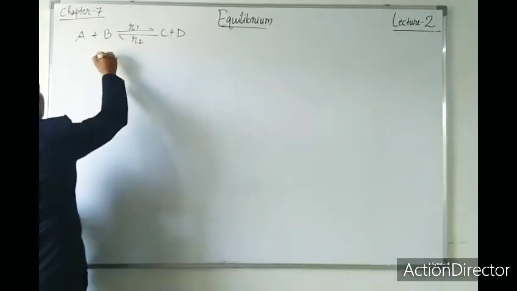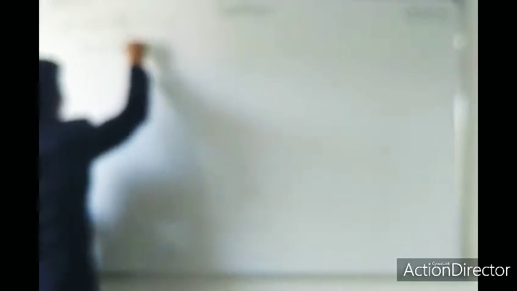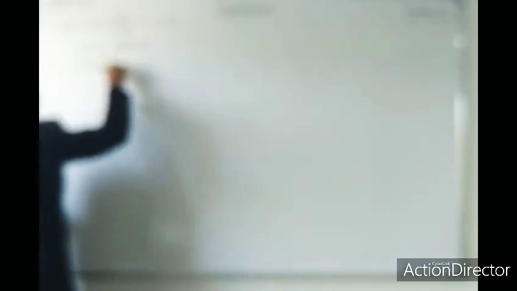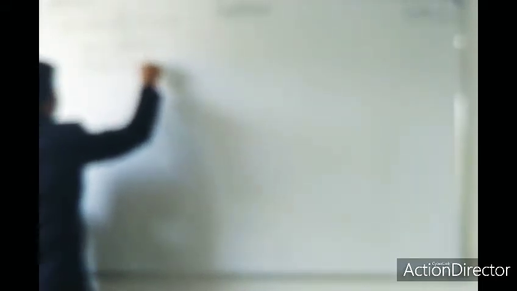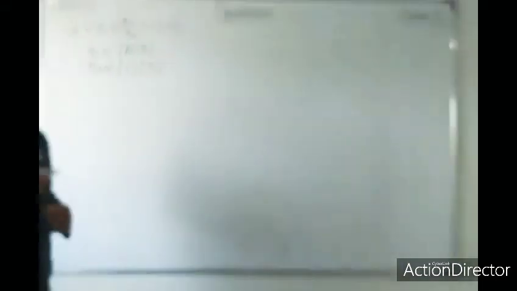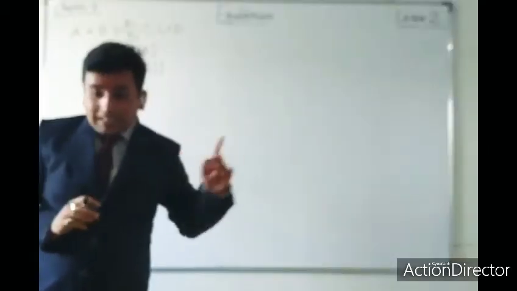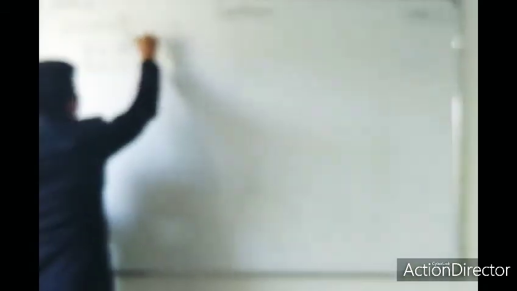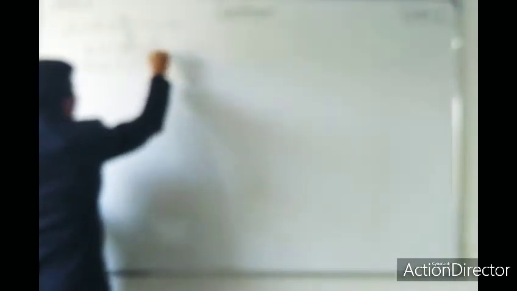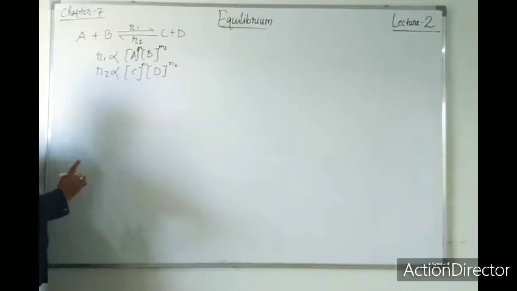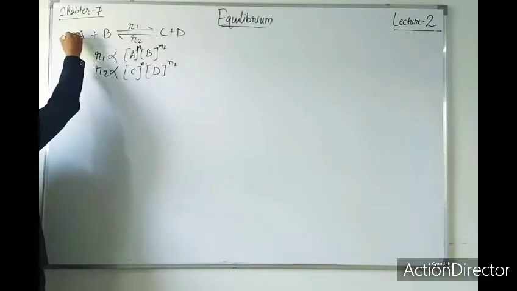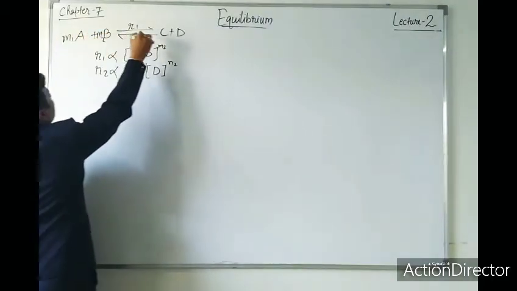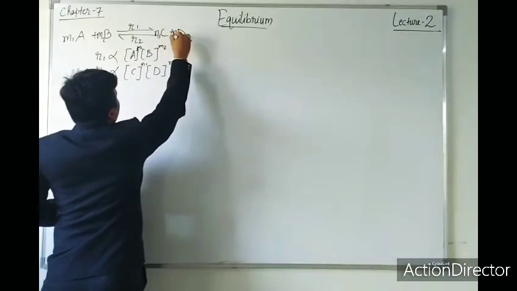I hope all of you remember: R1 is directly proportional to the concentration of A and the concentration of B, and R2 is directly proportional to the concentration of C and the concentration of D. In the previous video, in the final steps, we studied all this. Here the exponents were M1 and M2, and here they were N1 and N2. Do you remember or not? This was M1, M2, N1 and N2.